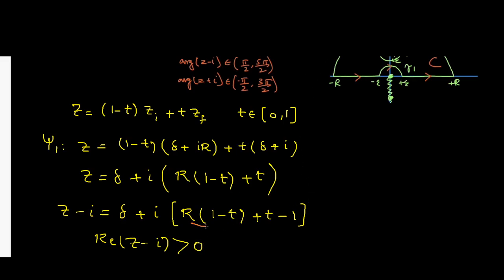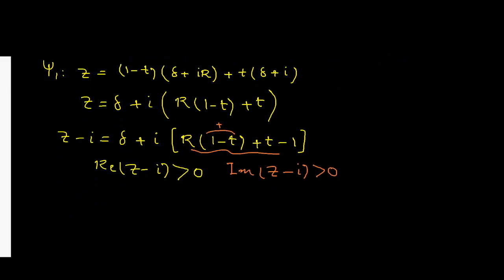The imaginary part is also positive. Since t is less than 1, this is a positive quantity, and R is assumed to be large. So all in all, the imaginary part of z minus I is also positive. So the real part is positive and it is tiny. The imaginary part is also positive.